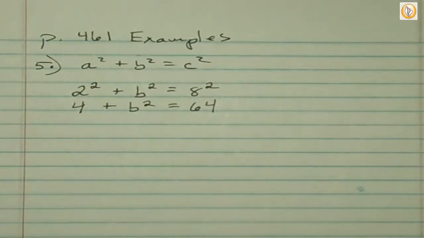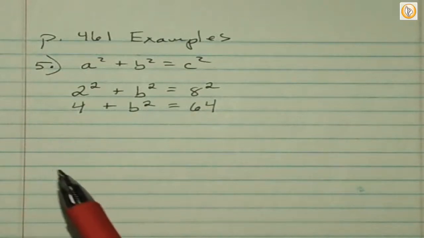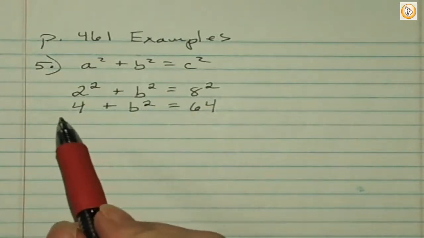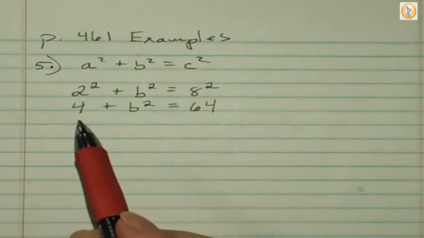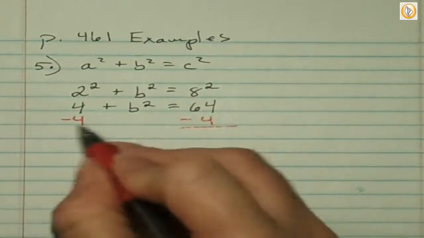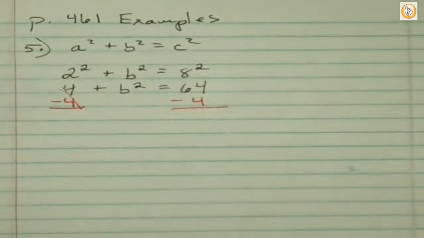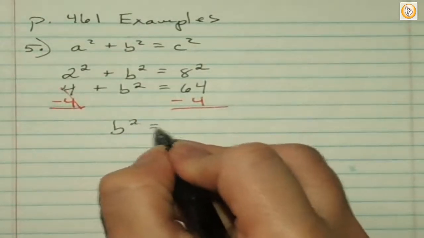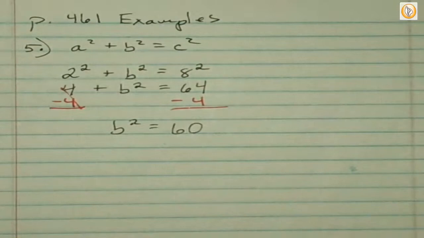What do I need to do with the 4? Subtract. Yes. That's all I'm asking. Good job. So I'm left with B squared equals 60.